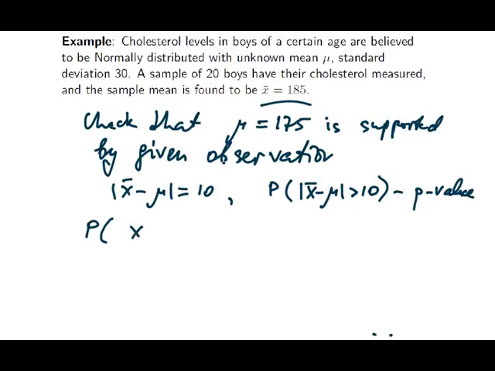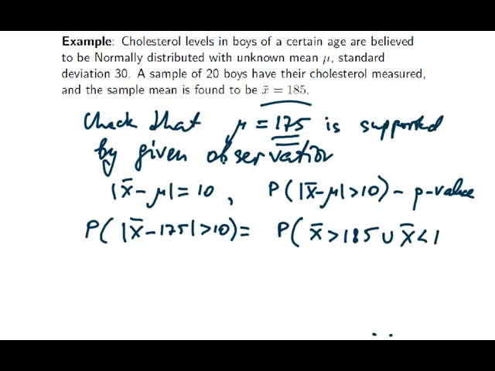So the probability that x bar minus mu, this 175, by absolute value is more than 10 equals the probability that x bar is more than 185 and x bar is less than 165, which is found as the probability that the z score of x bar is more.